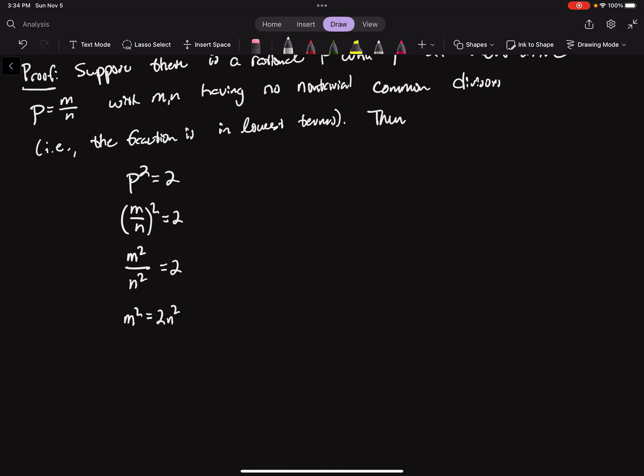Okay, and we have something interesting here because m squared equals 2n squared. Well, n is an integer, so n squared is also an integer. But then we're multiplying it by 2. And if you multiply any integer by 2, you get an even integer. So this shows that m squared is even.